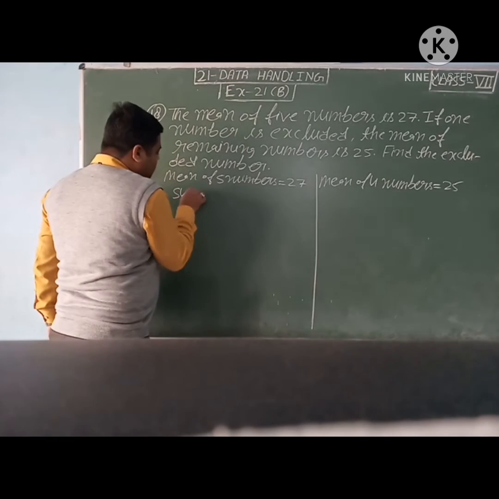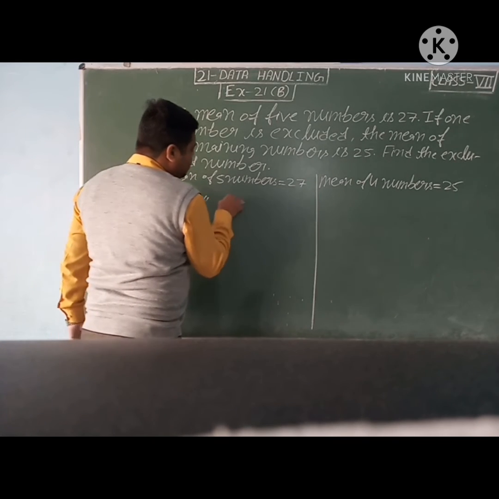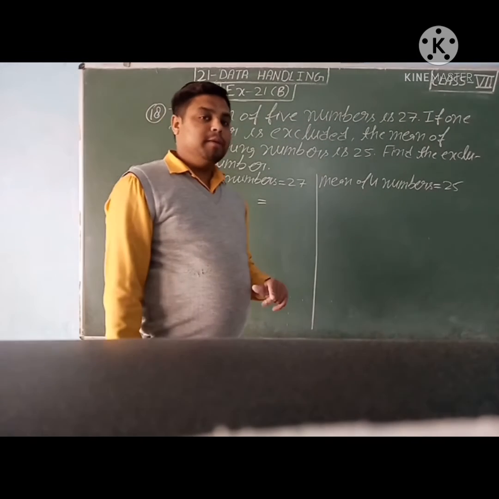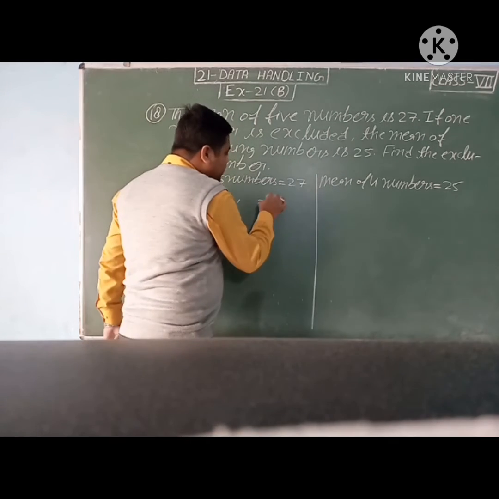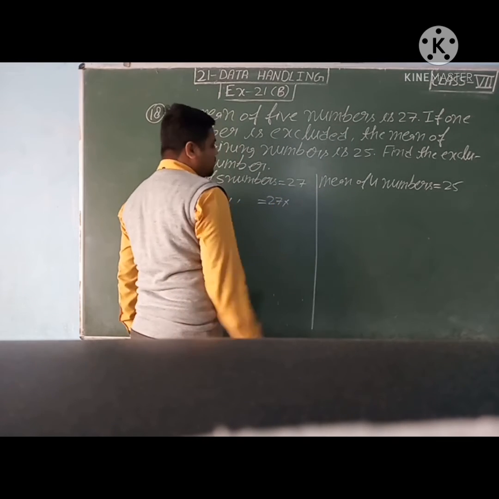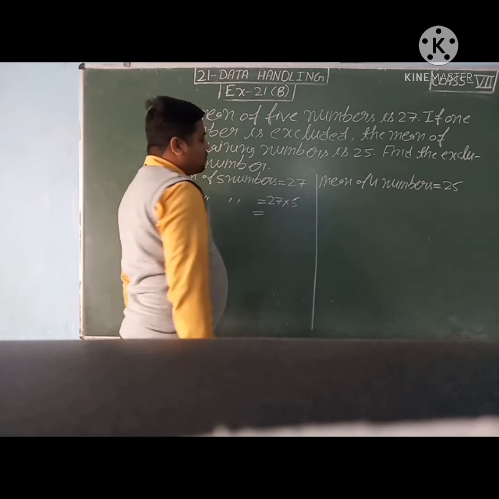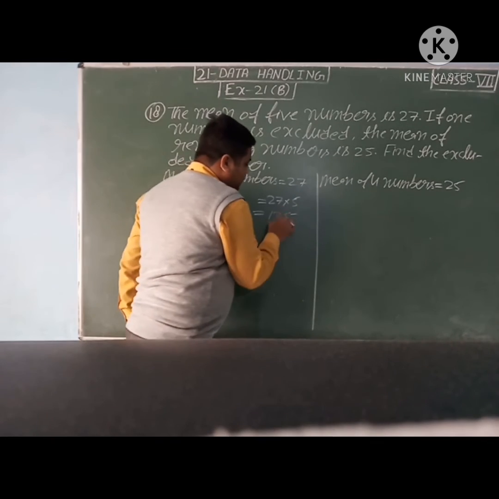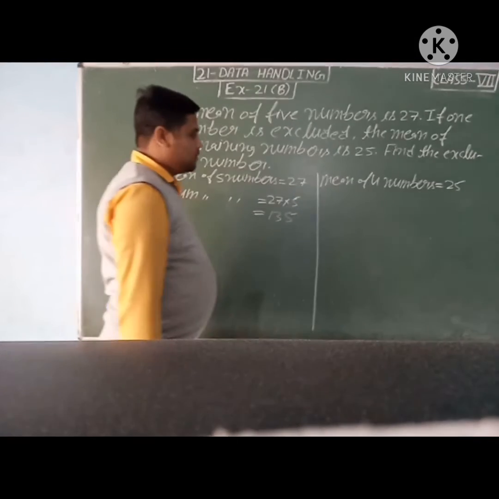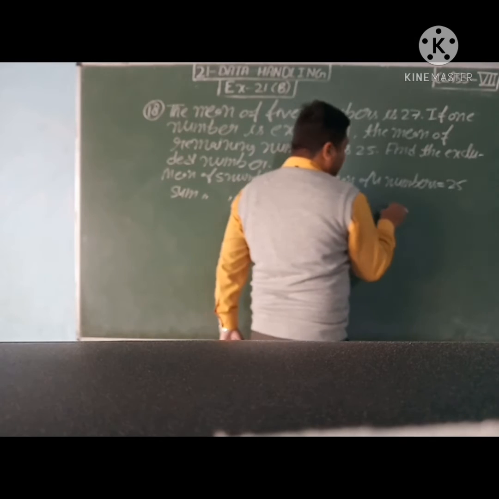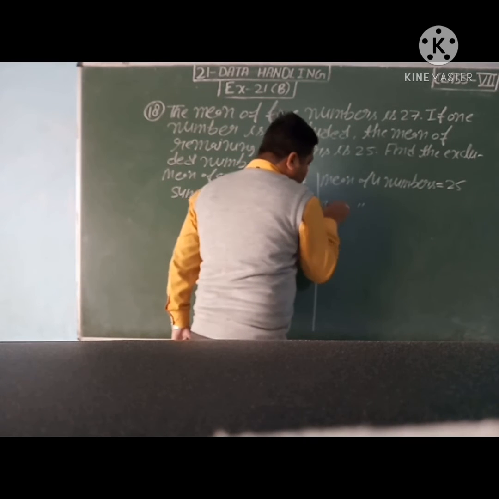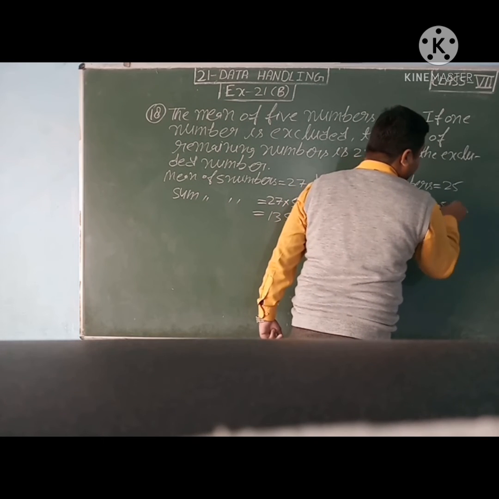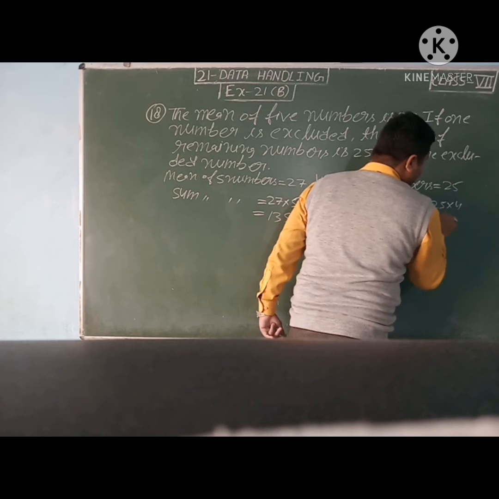So sum of 5 numbers is equal to, formula of sum, mean multiply number of observations. So mean 27 multiply number of observations 5 is equal to, what will it come, 5 7s are 35, 5 2s are 10, 3, 30. It is coming 135. Now sum of 4 numbers is equal to 25 multiply 4 is equal to 100.